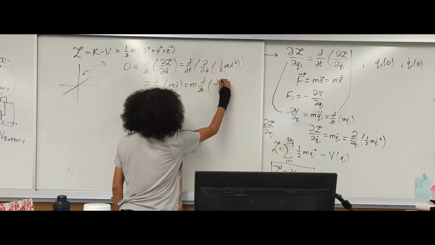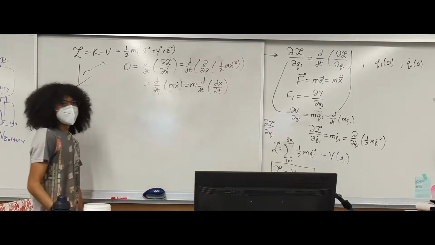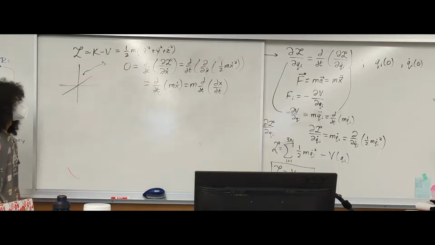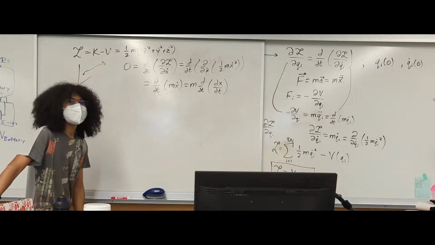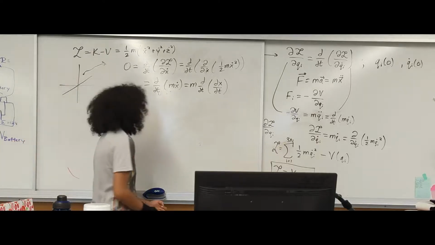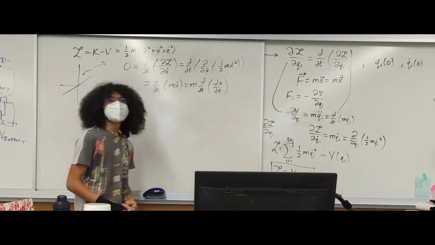I'll just write it out. So it's the second derivative of x with respect to time, right? Yeah. So it would just be acceleration? Exactly. Since it's the second derivative, there would be two dots over the x?